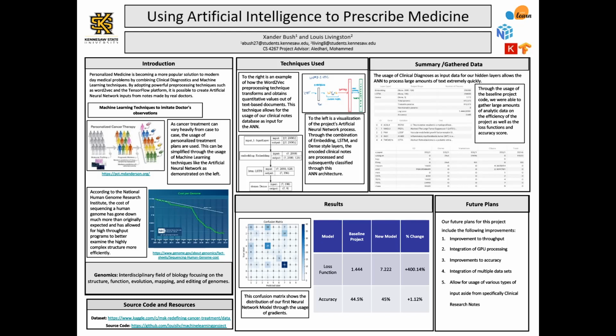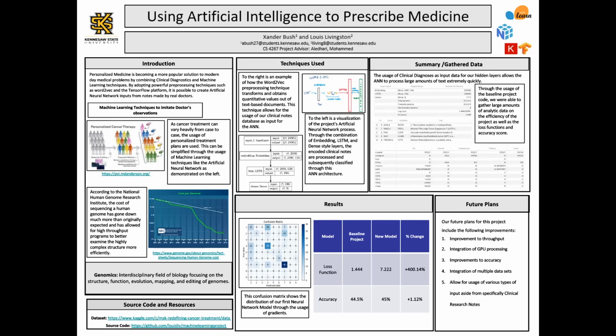The data that they had was from clinicians, and it was their handwritten notes, which was matched to a classification. So what word-to-vec was going to do was take those handwritten notes, convert them into vectors so that the artificial neural network could process them and match them to classifications.